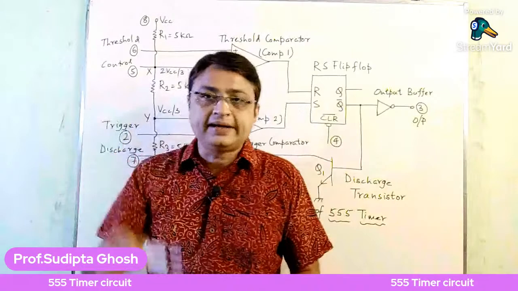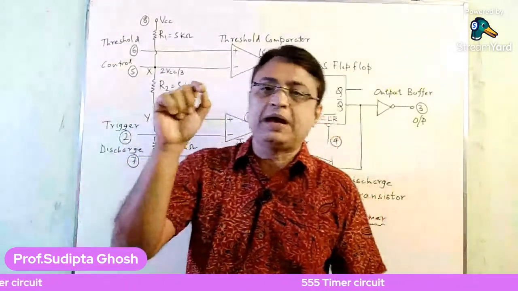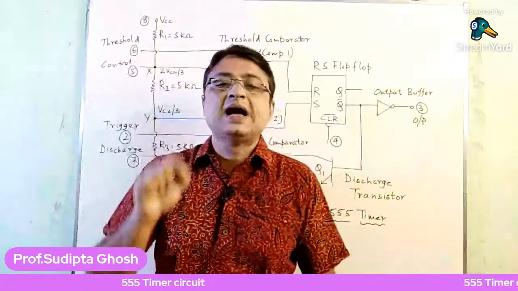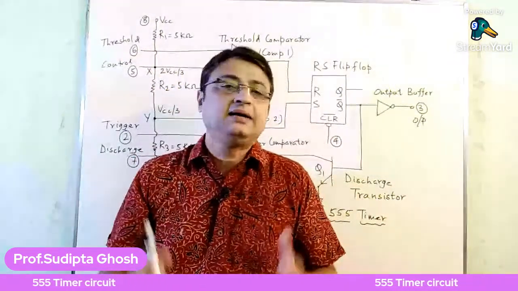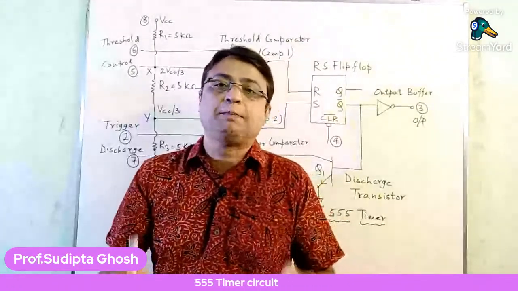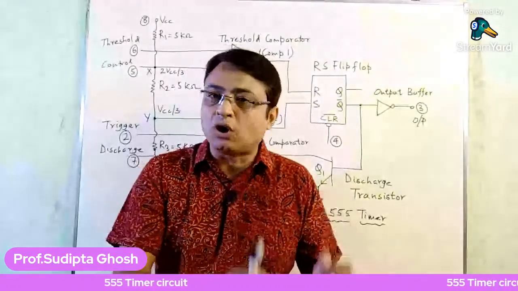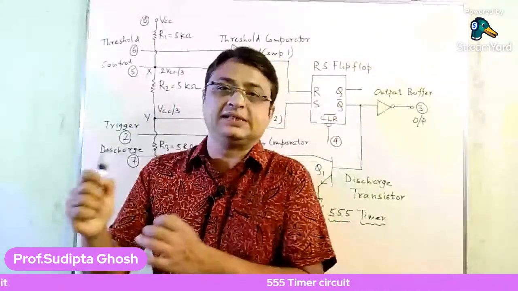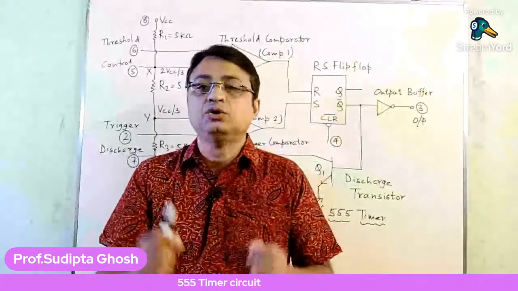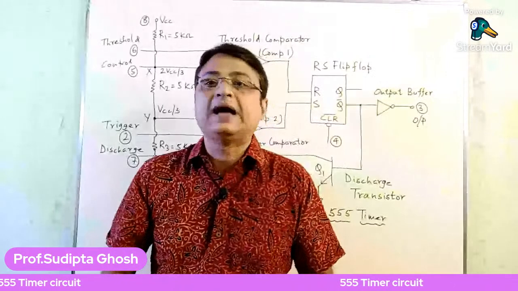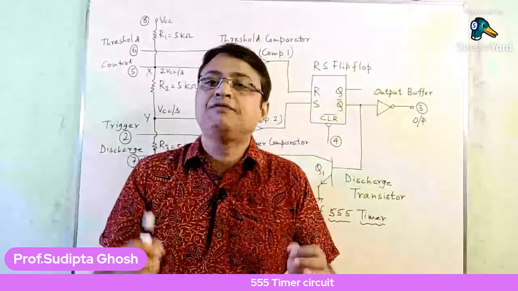They are connected between the power supply VCC and the ground, that is between terminal 8 and terminal 1, and thus the IC is called a 555 timer, as the resistors R1, R2 and R3 are all of equal value, 5 kilo ohm.